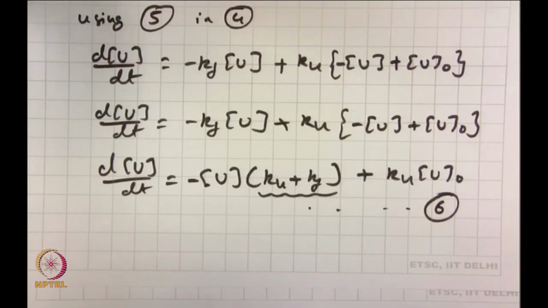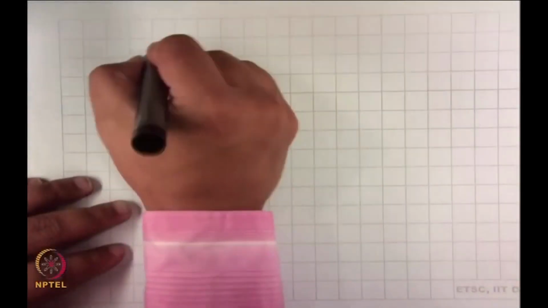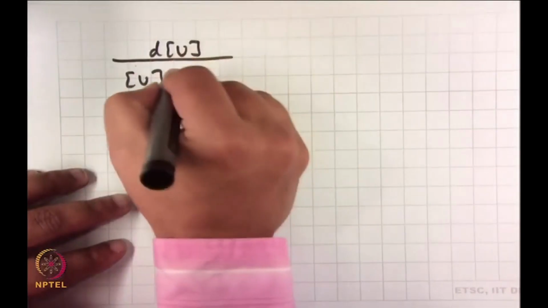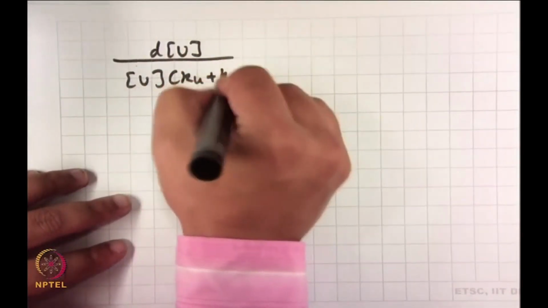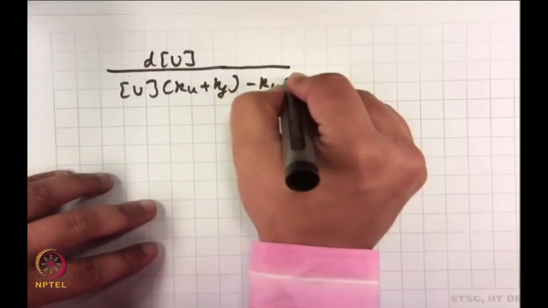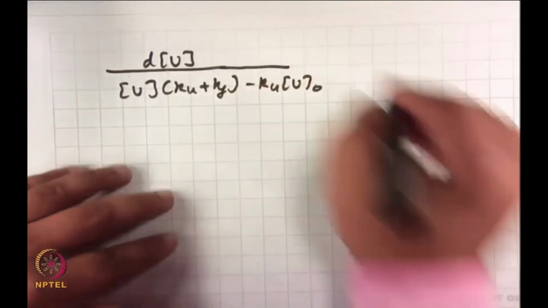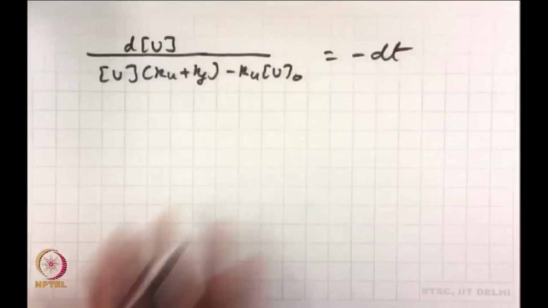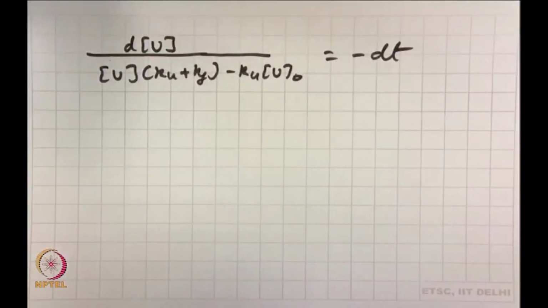Now, what we are going to do is we are going to solve this equation. Okay. So, to solve this equation, we just integrate. So, that means I take d of u over k u plus k f times concentration of u minus k u u naught is equal to minus d of t, and I will integrate.